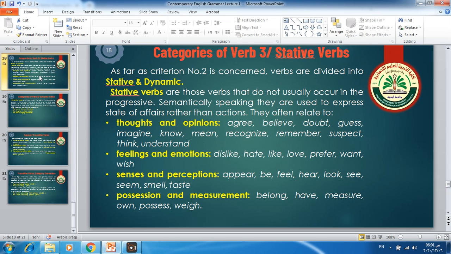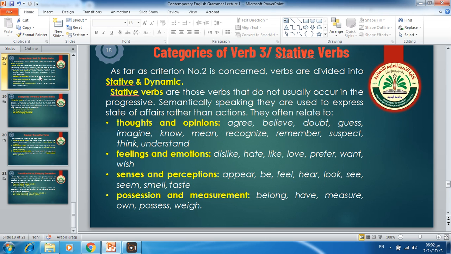As far as criterion number 2 is concerned, whether they admit the aspectual contrast of progressive and non-progressive, the verbs are divided into stative verbs and dynamic verbs. Stative verbs are those verbs that do not usually occur in the progressive.